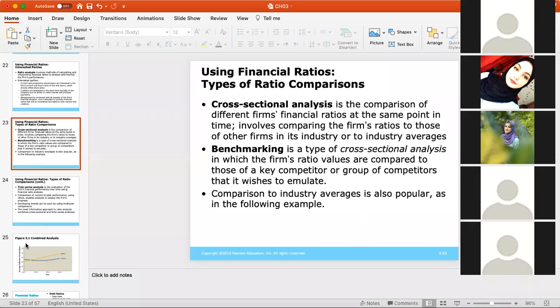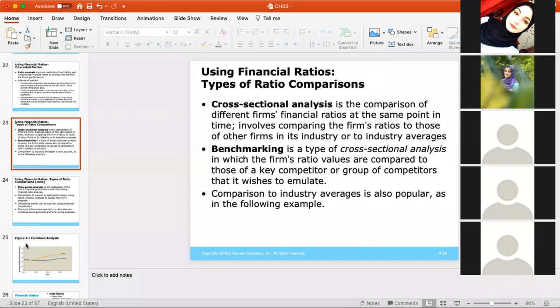And when we conduct an analysis for this data, this is the cross-sectional analysis. Cross-sectional analysis is the comparison of different firms or financial ratios at the same point in time. Remember that we are going to compare different firms, the 49 companies listed in the Palestine Stock Exchange market, at the same point of time, which was 2020. So this is why we call it cross-sectional: different firms at the same point of time.